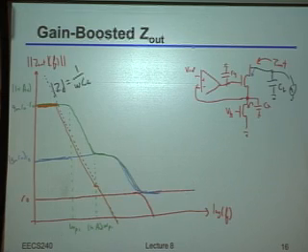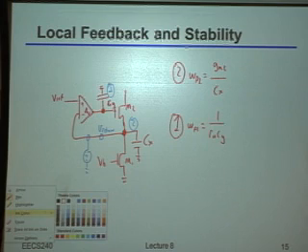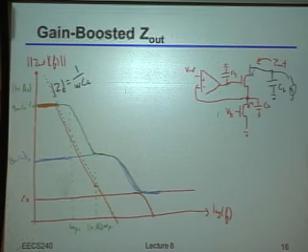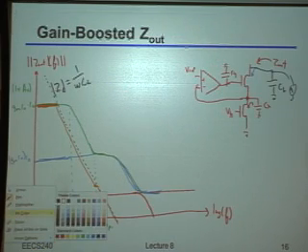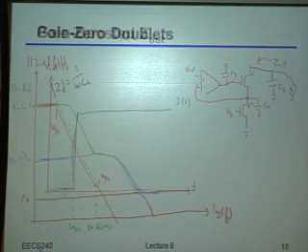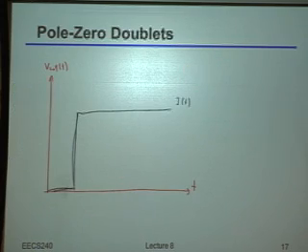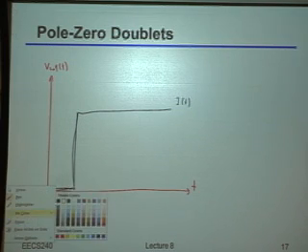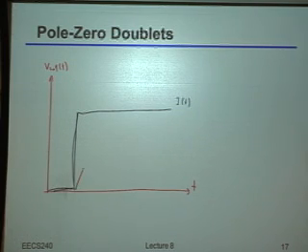So as an example, if I said that there was a pole, let's say here, let's call that omega p1, and let's say there was another pole here, let's call that omega p2. Then if I looked at the transient response, and I'm going to again exaggerate this fairly substantially just to make the point clear, if you were to look at this in time, you'd see something that sort of looked like this.